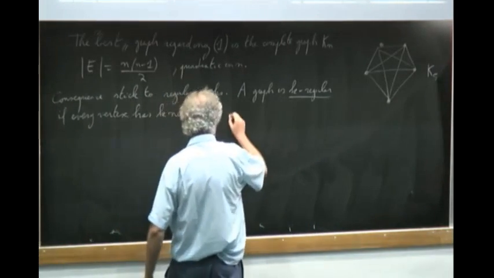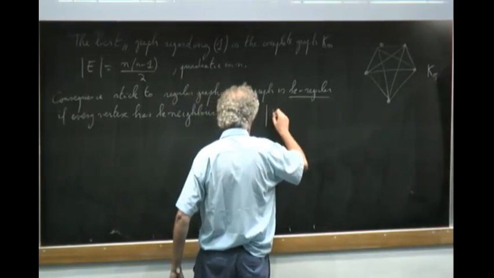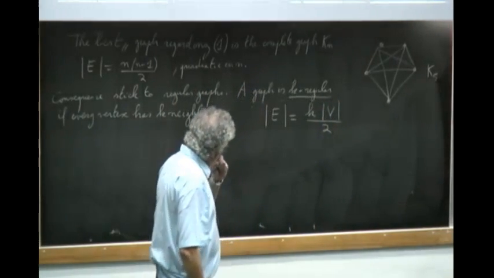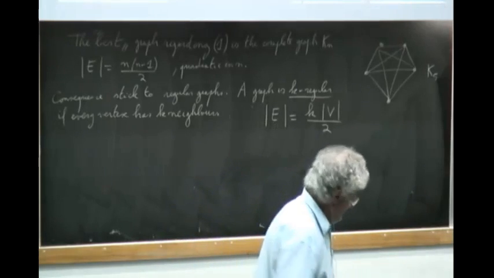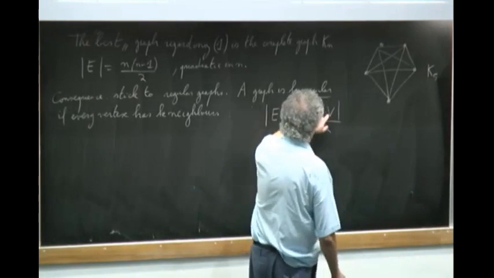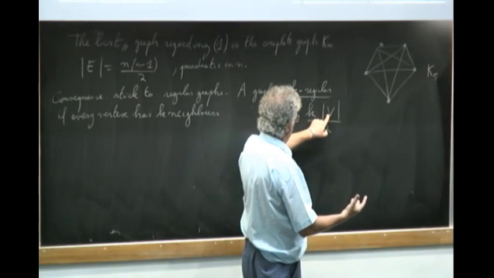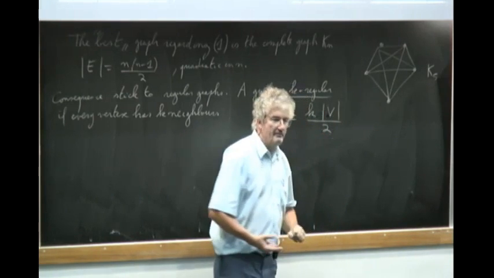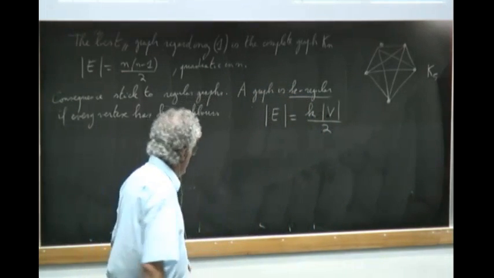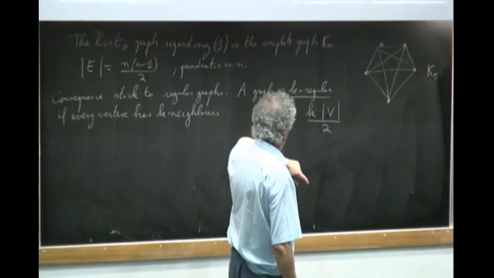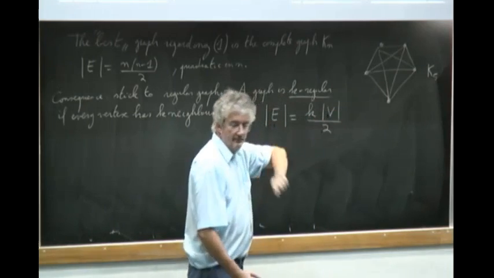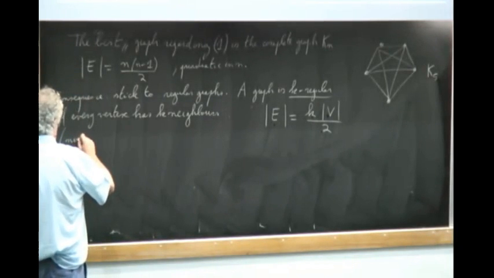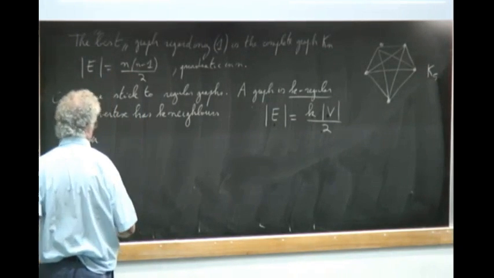And in this case, you have a formula to compute the number of edges. From each vertex, you see k edges, so that gives you k times V. But each edge has been seen twice, so you divide by 2. What this shows is that if we stick to k-regular graphs, the number of edges will be linear in the number of vertices. So it will be much better than complete graphs.